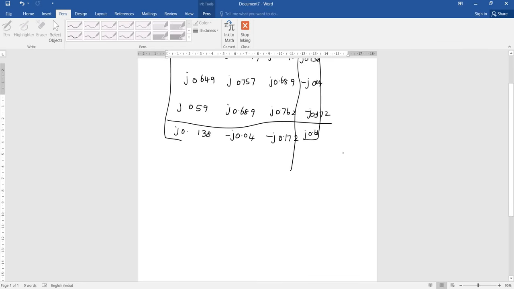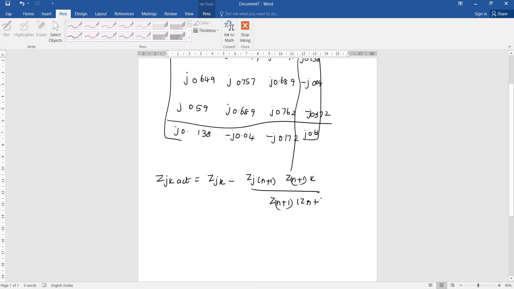And next, how to find out the answer? In a similar manner, Zjk actual equals Zjk minus Zj(n+1) Z(n+1)k divided by Z(n+1)(n+1). In this way it is easy to find Z11.